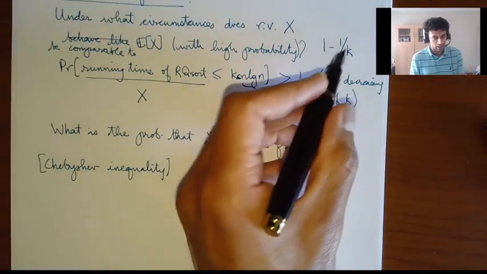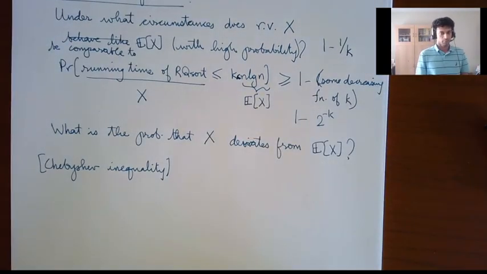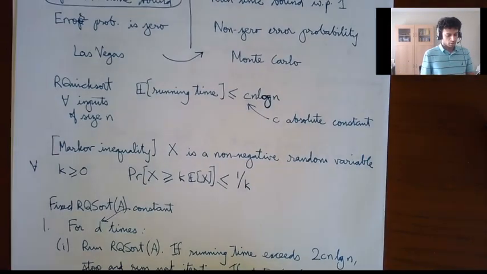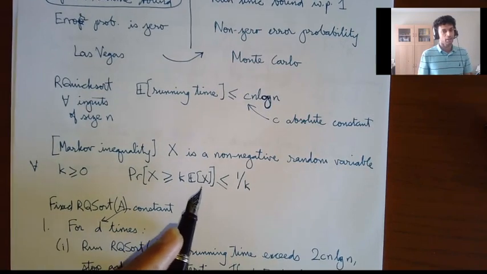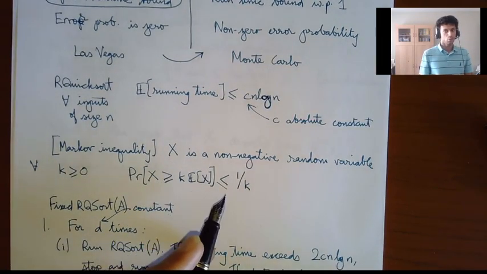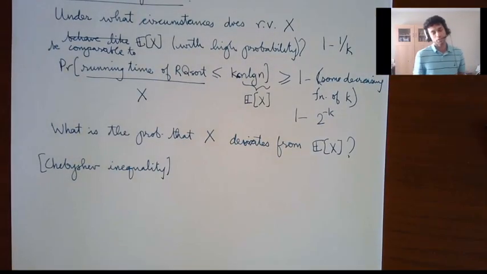And the question is, can we do even better? Now the Chebyshev inequality might give you something better. So what does it say? The good thing about the Markov inequality is you don't need any assumptions about X other than non-negativity. Just by the fact that it's non-negative, you can say something. Chebyshev says that if you give me more information about X, then it will give you a better bound. So what do you need?